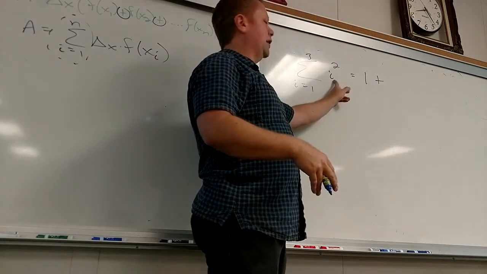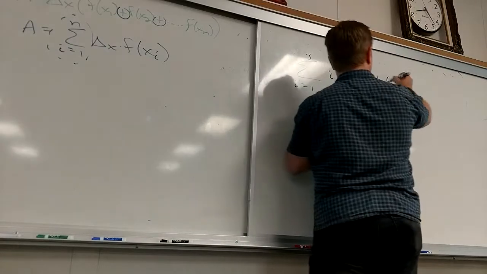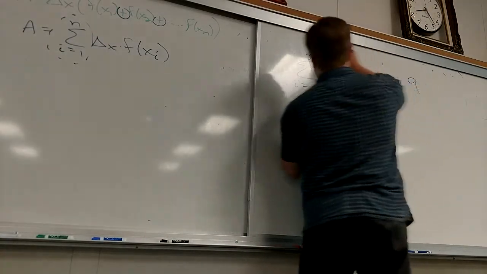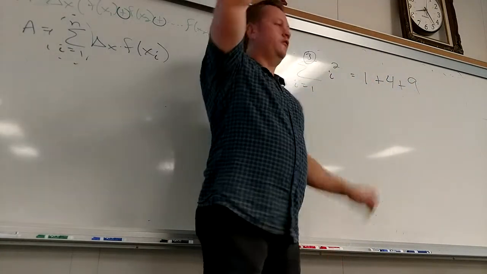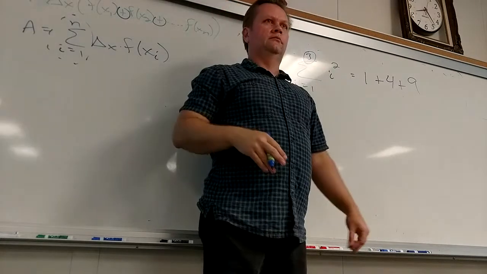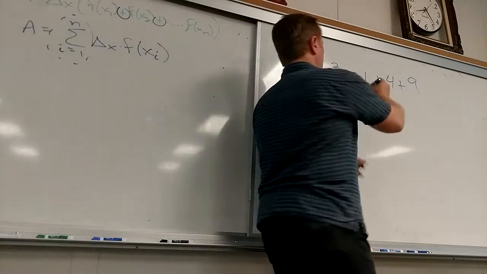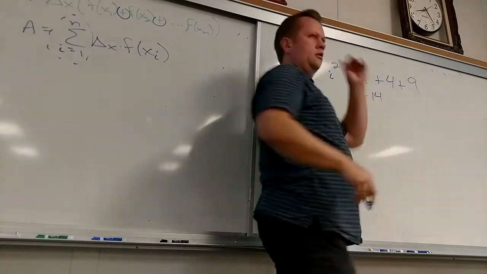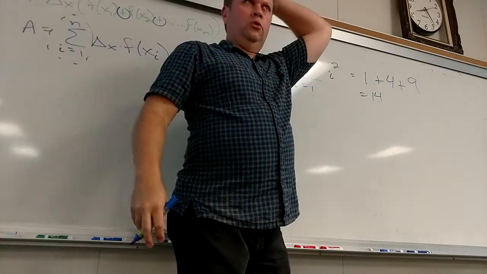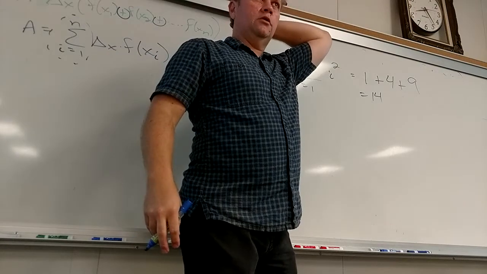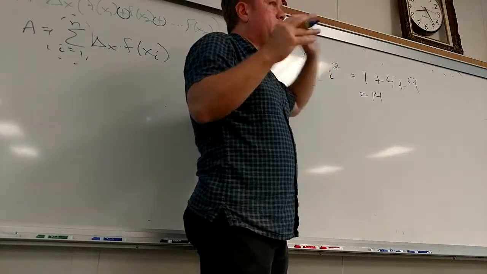So let i be 2, and that of course is 4. Let i be 3, that's 9, and that's where I stop, because that's where it said to go, from 1 to 3. Then I just add those together. Cool? So that notation is pretty straightforward.